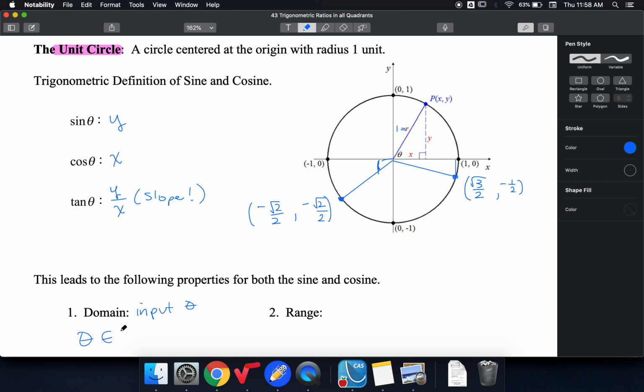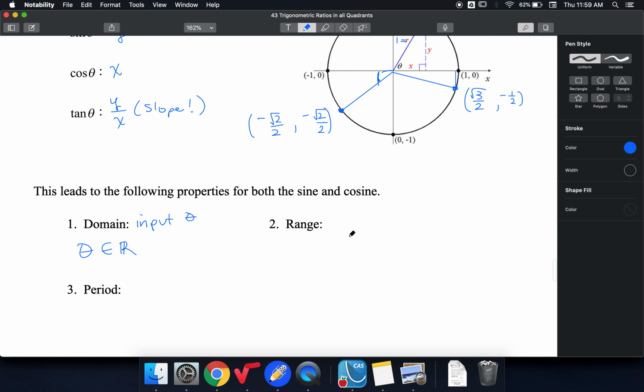So theta is an element of the reals. For the range of sine theta and cos theta, I know that sine is my y values, and those are bounded between negative 1 and 1. Cosine are my x values, bounded between negative 1 and 1. So the range for sine theta or cos theta is between negative 1 and 1.